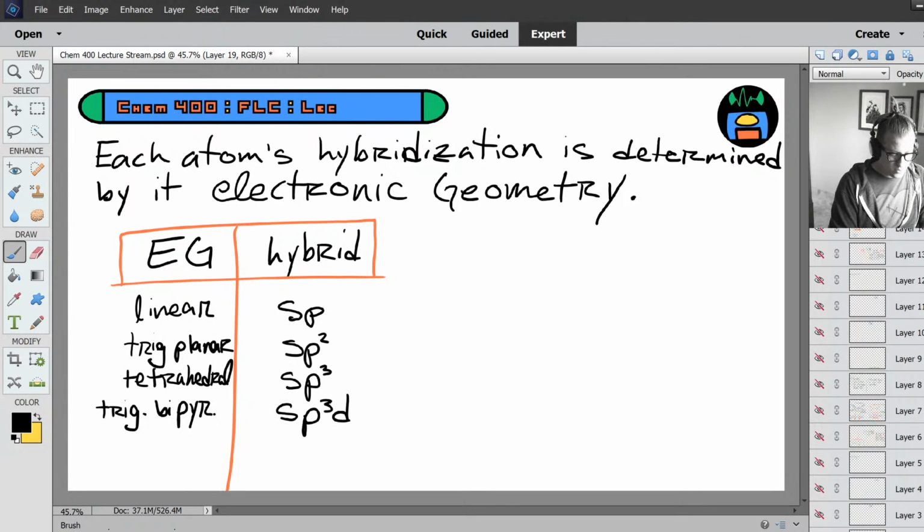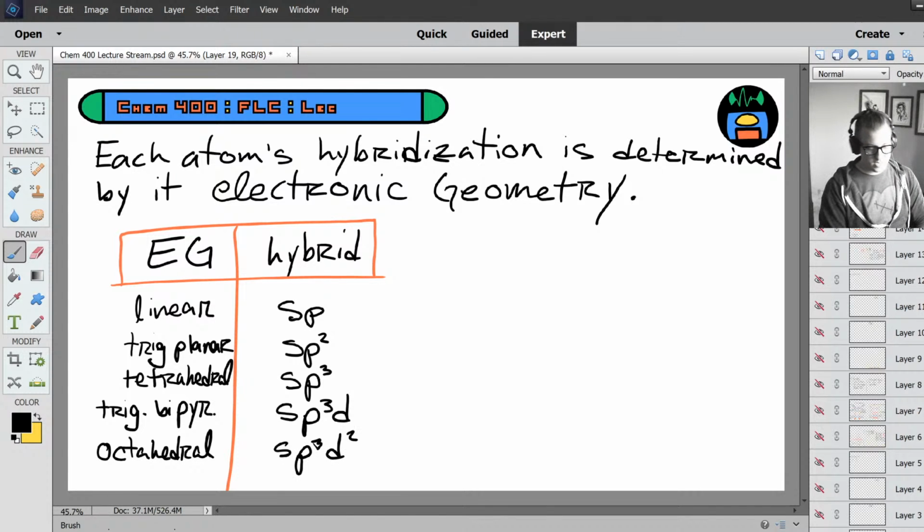And if you are octahedral, then it's sp3d2 for your hybridization. So it's the number of electron groups that dictates the number of orbitals you use when you hybridize. All right?